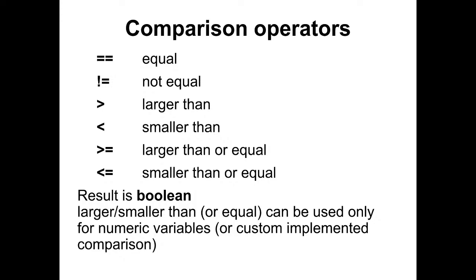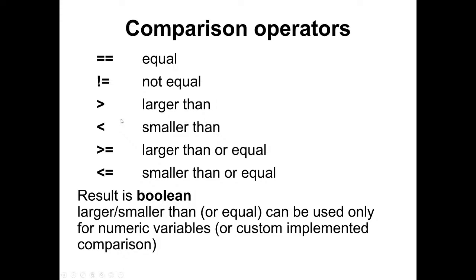As you already noticed, there is an equal operator, equal or not equal. Actually, not all of these operators result in Boolean, so true or false. Like if we have value a equals value 2, true or false. Not equals, again, true or false.